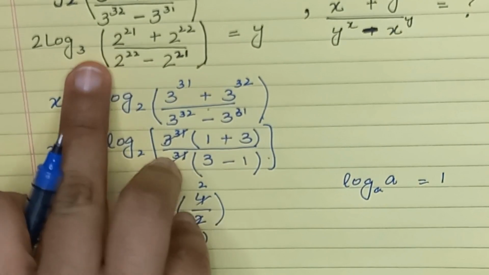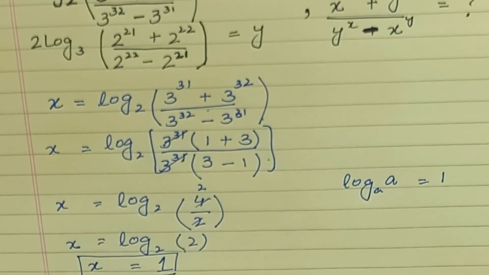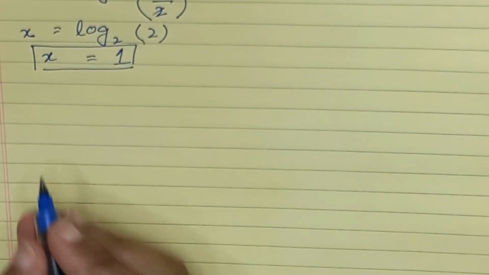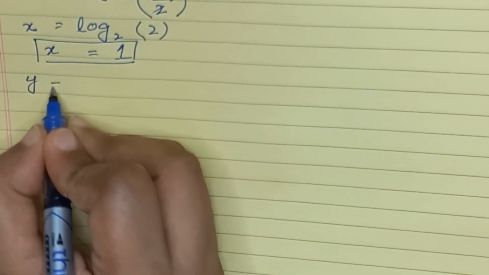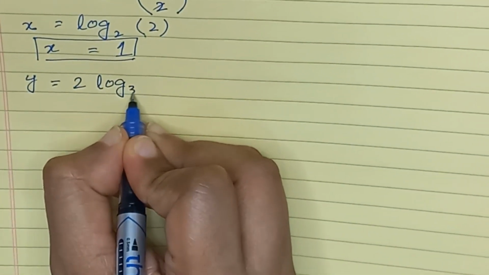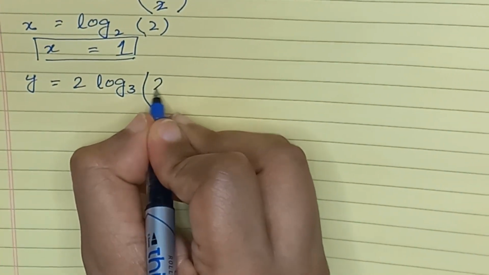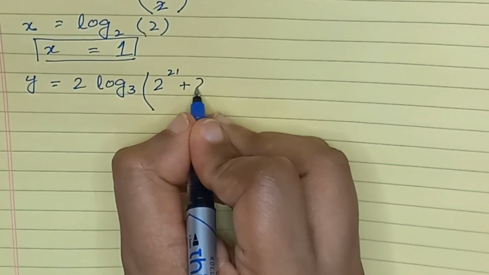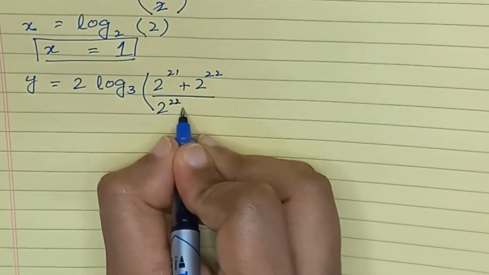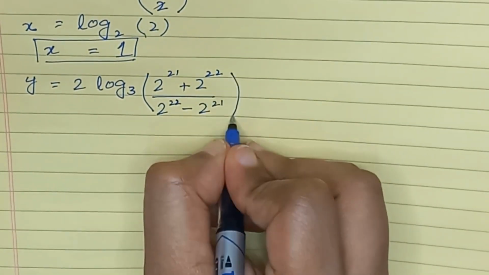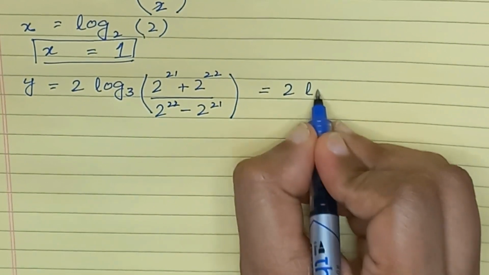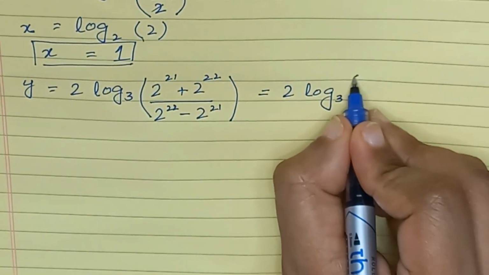Now similarly we will find the value of y. y is equal to 2 log base 3 of (2^21 + 2^22) divided by (2^22 − 2^21).